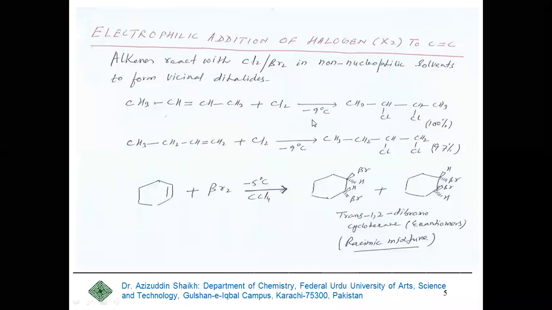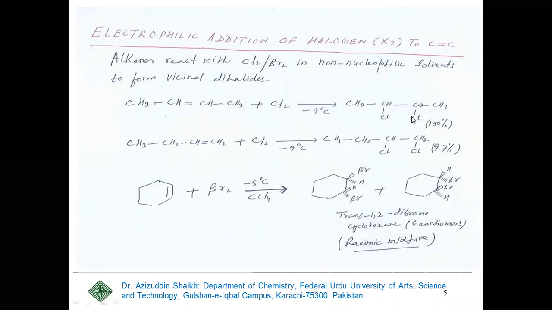Two adjacent carbons means vicinal. So a vicinal dichloride compound is formed, 100%.